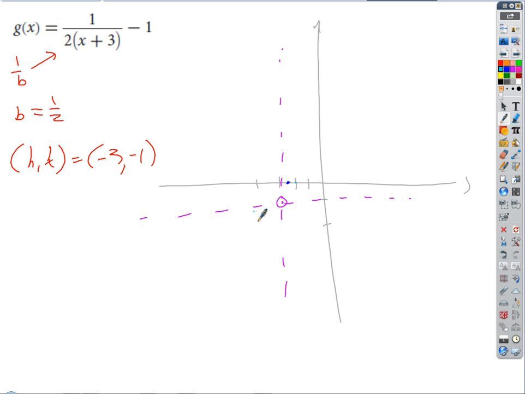Normally I would go back 1 and down 1. This time, if I'm horizontally compressing it, I go back only half as far. So I'm going to go back 1/2 and down 1 and be right there.